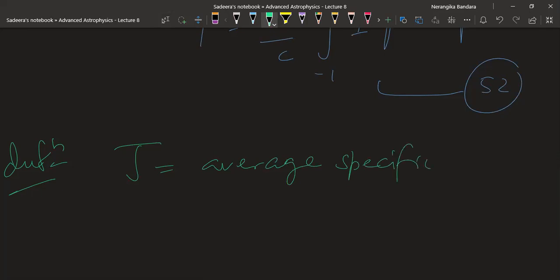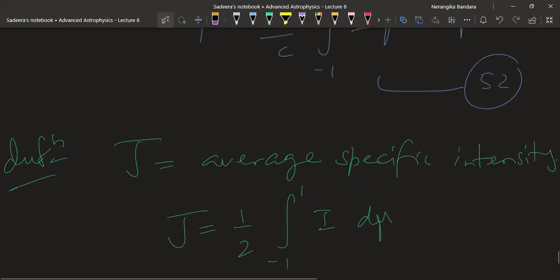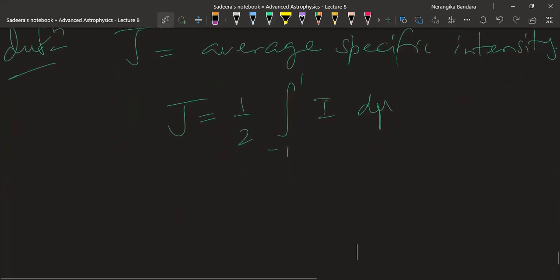Just to refresh our memory, we had written down an equation before, and it comes down to J equals one half the integral of I dmu, and also it would be equal to c over 4 pi times the energy density.